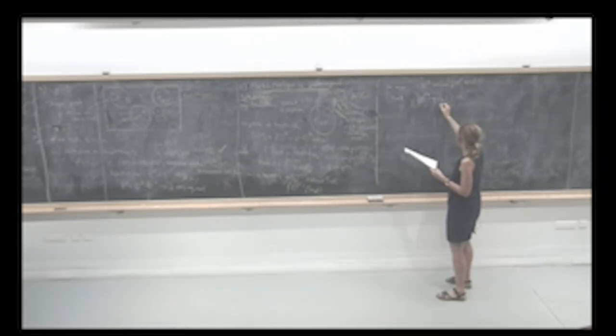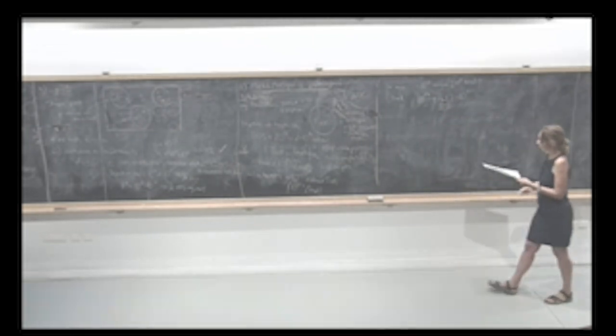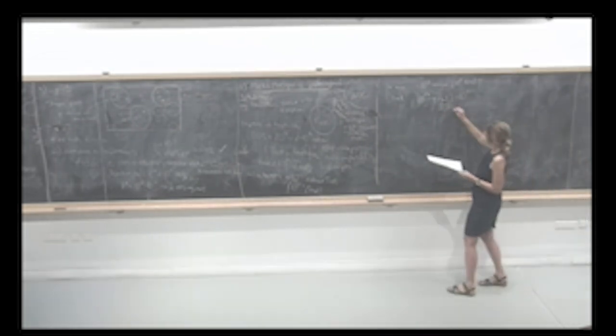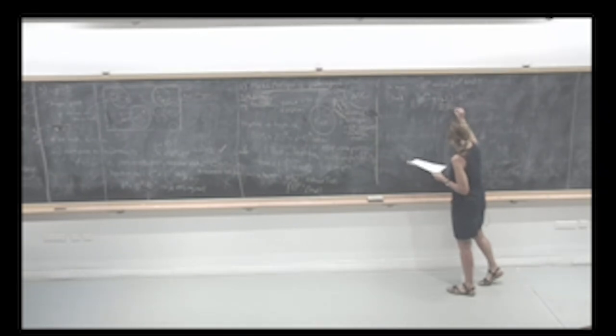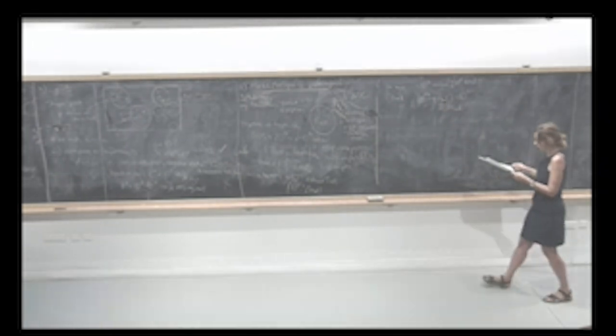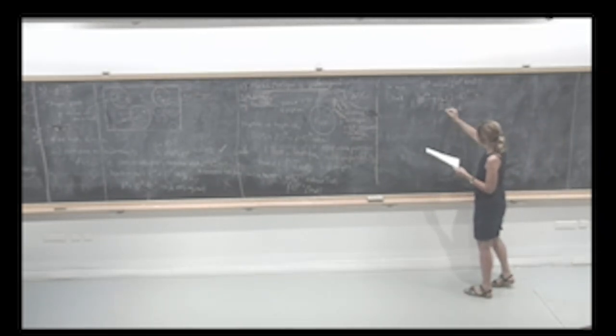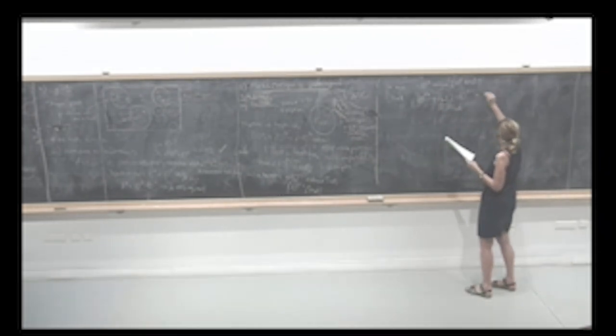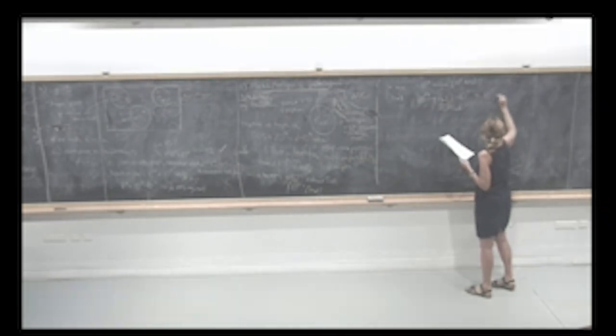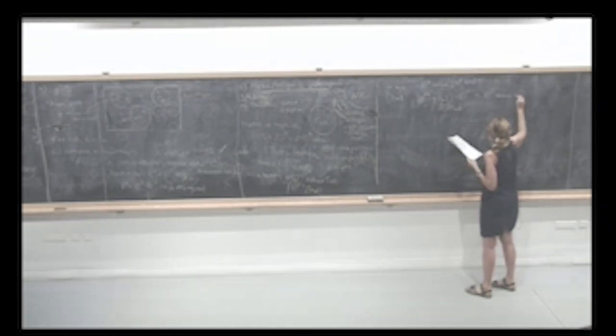That 10 to the 9th T cells take up 1 ml, which is also roughly the volume of a mouse. So I need around 10 to the 5 mouse volumes.